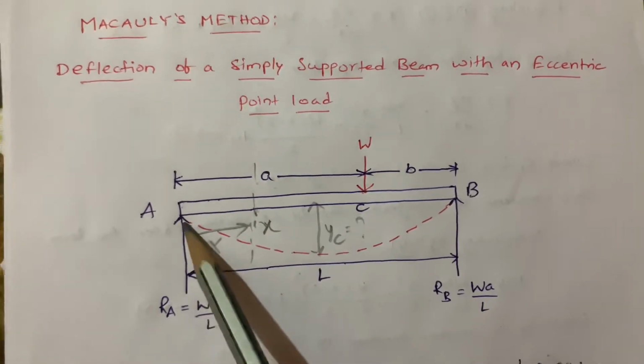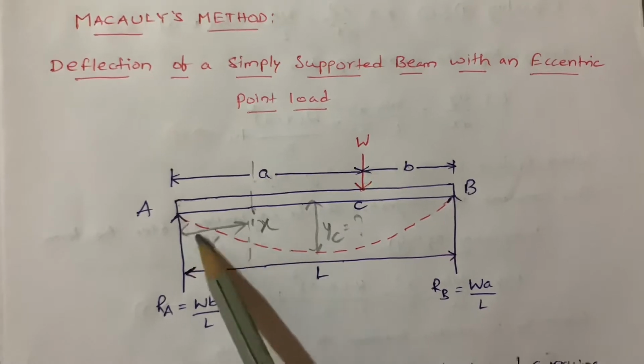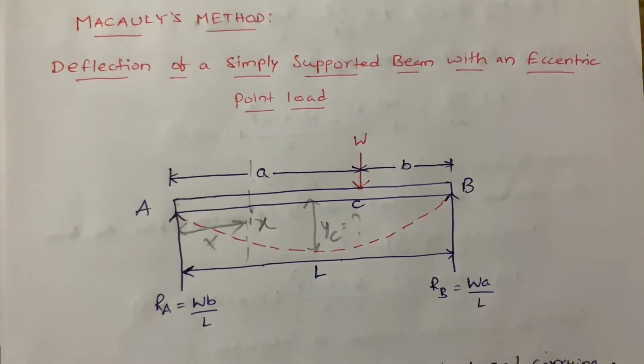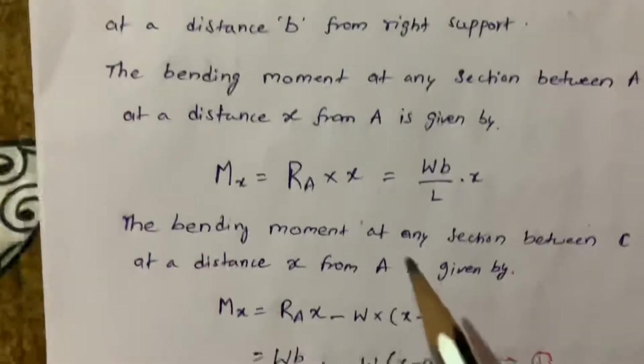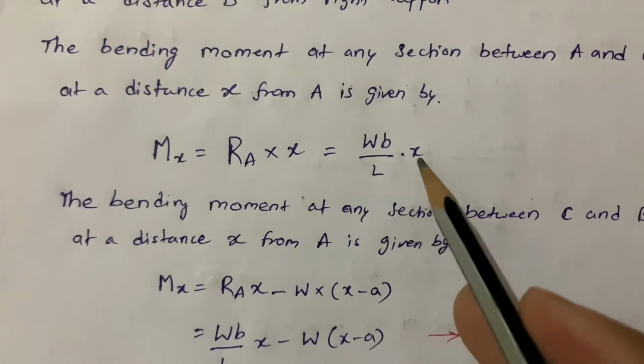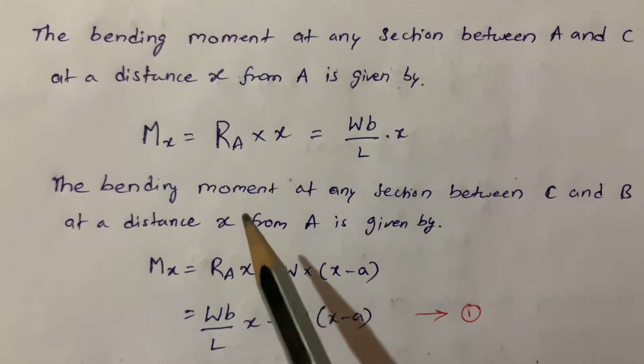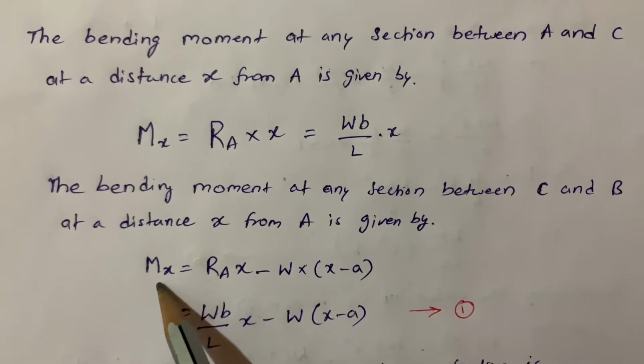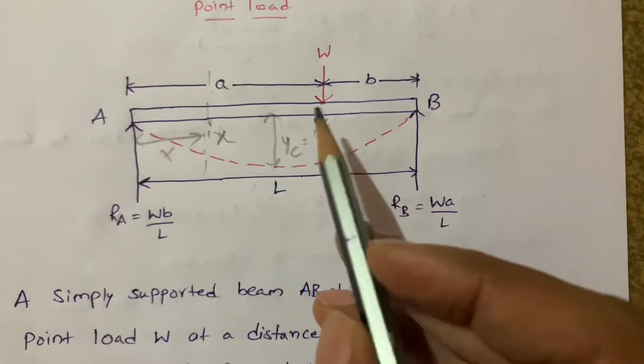The force is RA and the perpendicular distance is X, so the moment is RA into X. RA is nothing but Wb by L, so the moment is Wb by L into X.